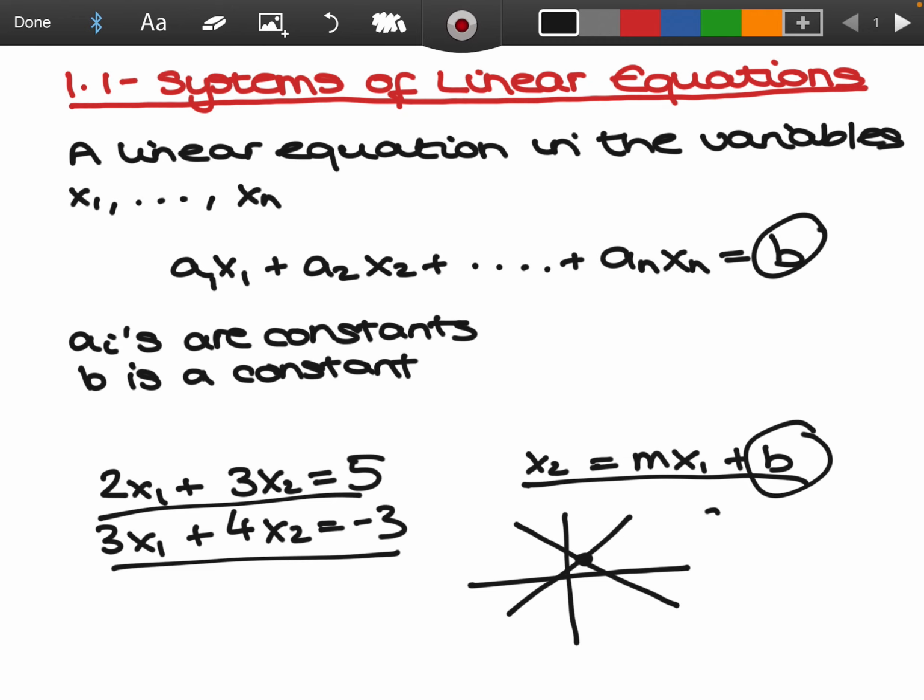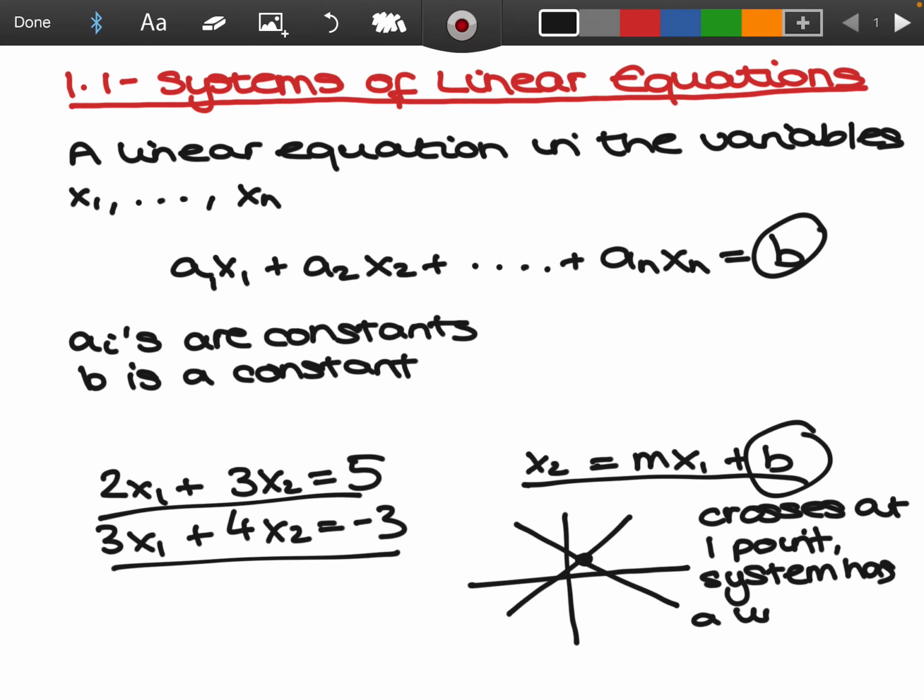So if it crosses at one point, then the system has a unique solution. And that solution is just the x1 and x2 values at that point. Okay, with this being the x1 plane and this being the x2 plane. Okay, so that point where they cross is the solution to the system, x1 and x2.